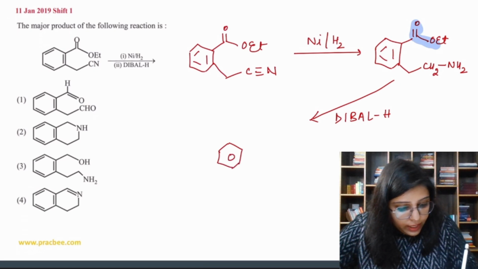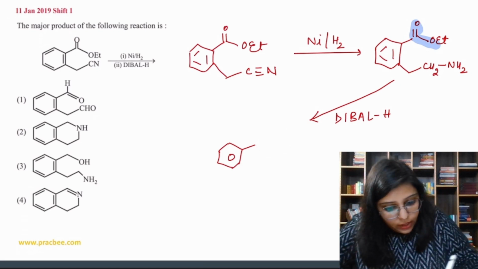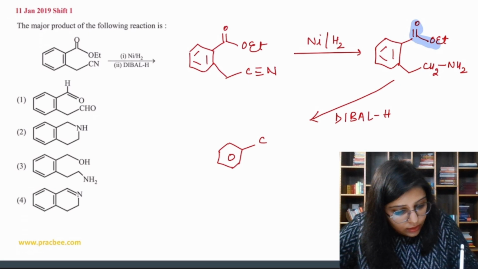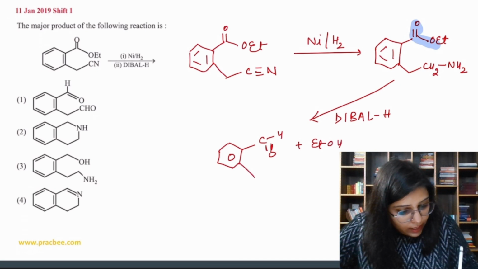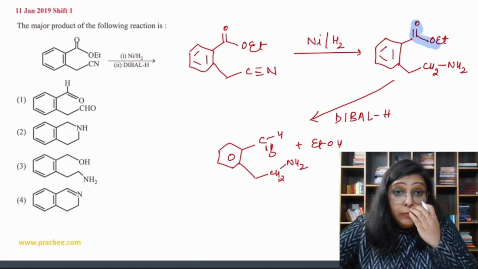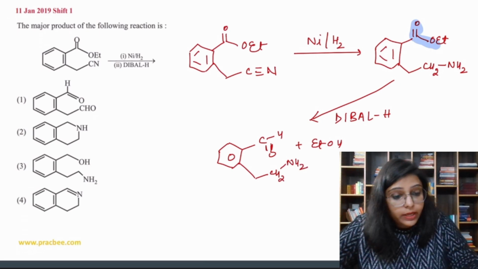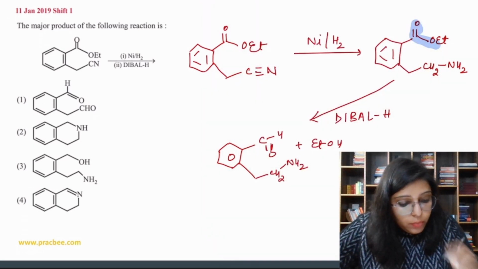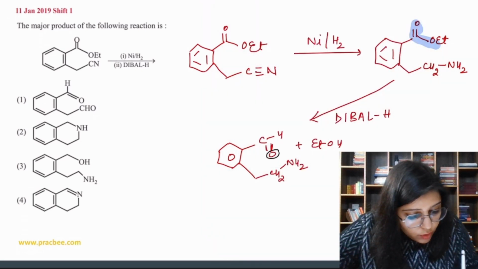So we get CHO, or we can write C double bond O H plus EtOH, and then CH2NH2. Now we have NH2, so intramolecular attack happens. In intramolecular, just remove oxygen and H2.